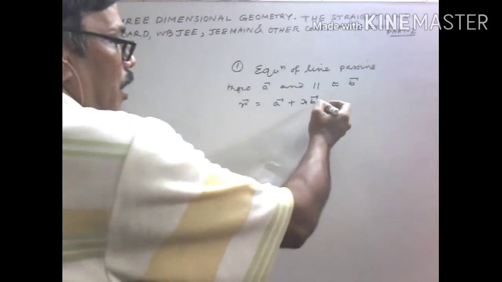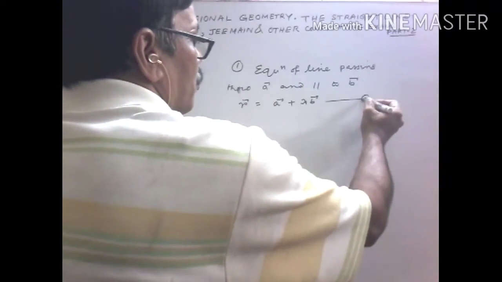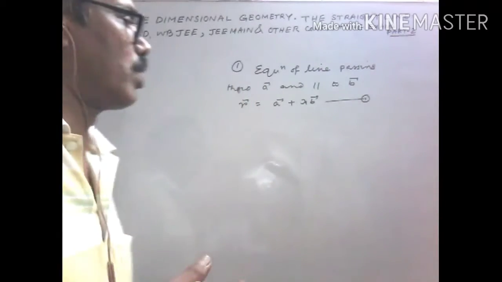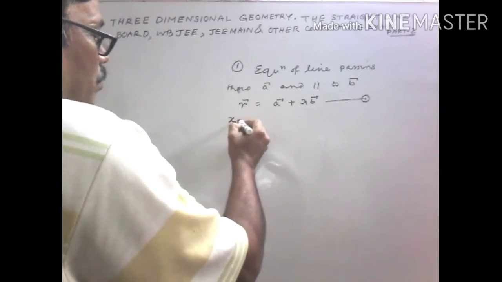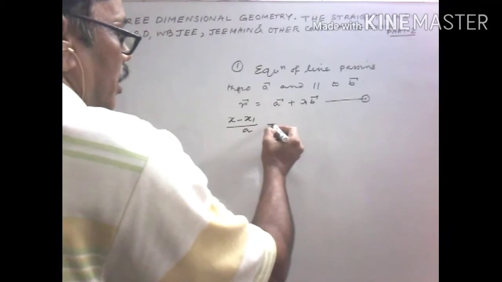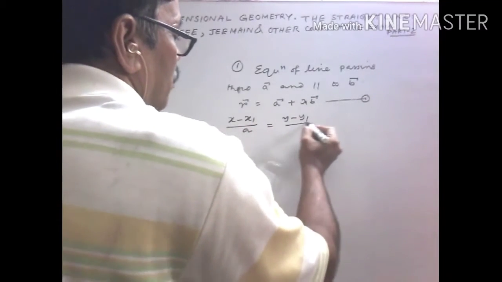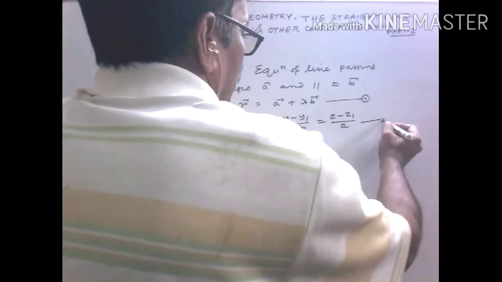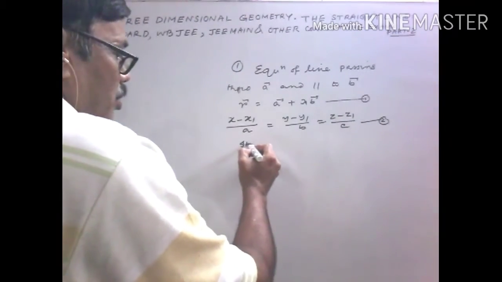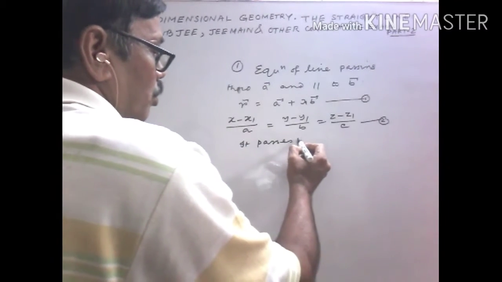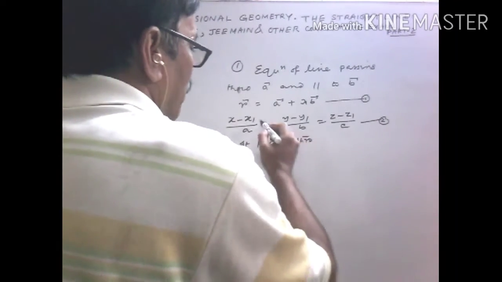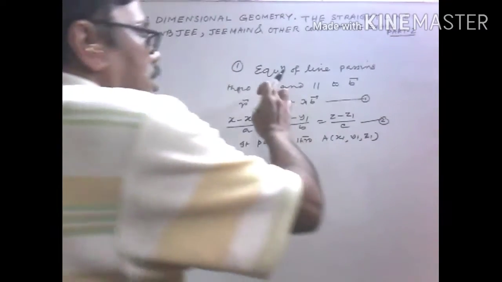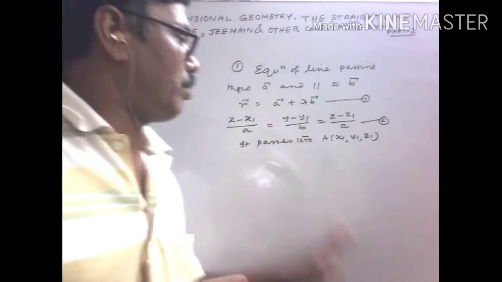scalar. And if we express it in terms of Cartesian coordinate geometry, that is in terms of x, y, z, then its equation will be (x minus x1) by a, (y minus y1) by b, (z minus z1) by c. That is, it passes through capital A, (x1, y1, z1). In vector it is small a vector, position vector.